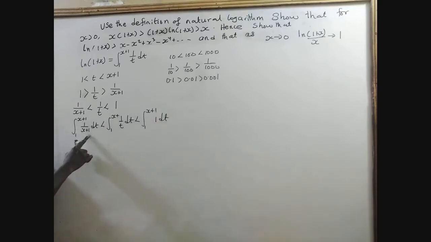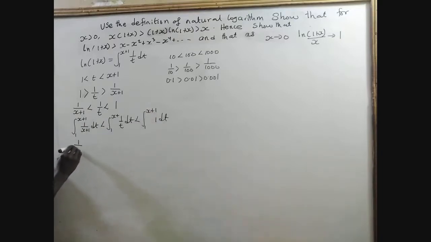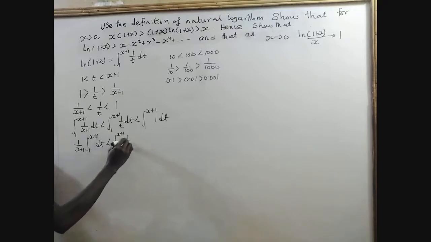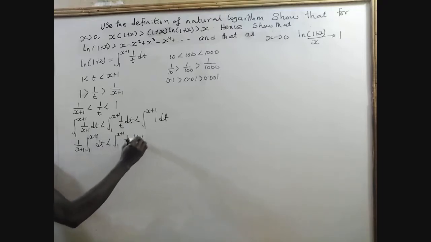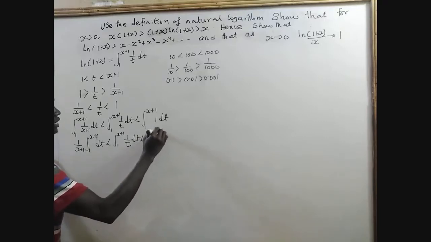Now 1 on x plus 1 is a constant, so we take it out of the integral. We have 1 on x plus 1 times the integral from 1 to x plus 1 of dt, less than the integral from 1 to x plus 1 of 1 on t dt, which is also less than the integral from 1 to x plus 1 of dt, because 1 times dt is dt.